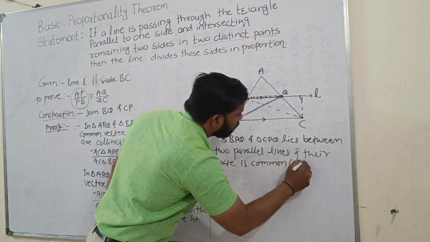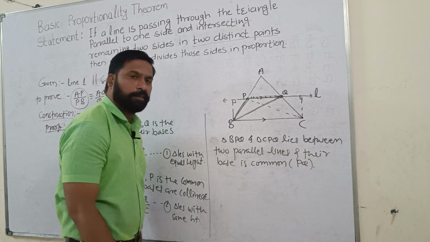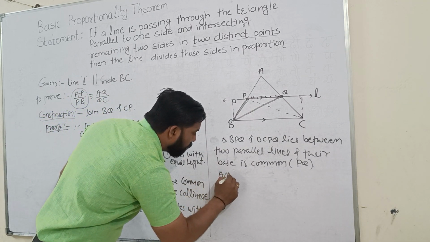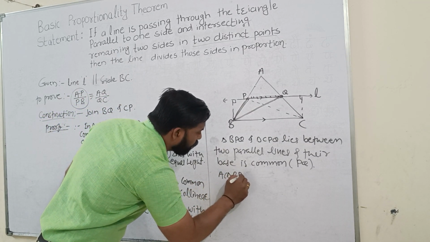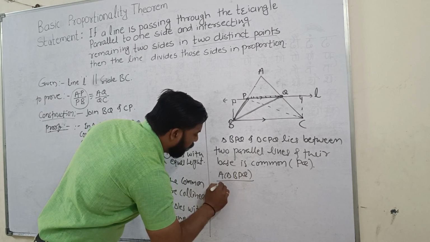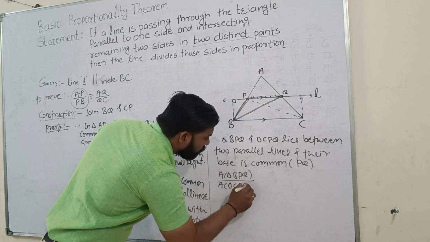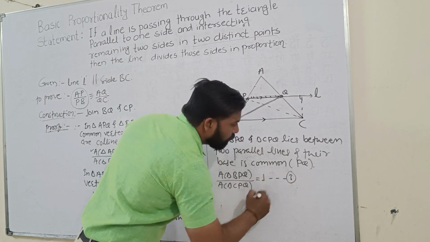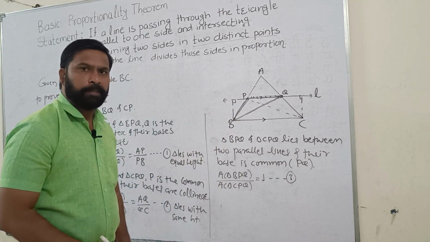I can write here PQ for our understanding. So what I can write with the help of this? Area of triangle BPQ by area of triangle CPQ is equal to 1. This is number 3. Okay.